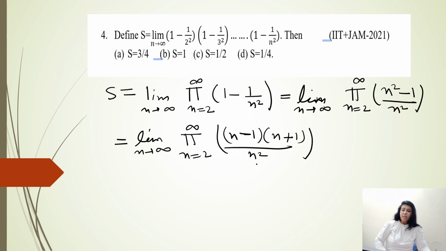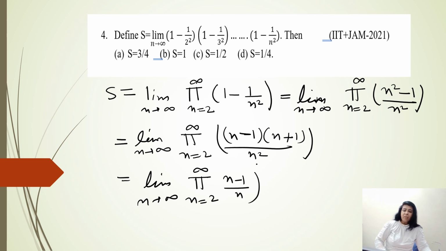Or this is equal to limit n approaches infinity, product n varies from 2 to infinity, of n minus 1 by n, times the product n varies from 2 to infinity of n plus 1 by n.